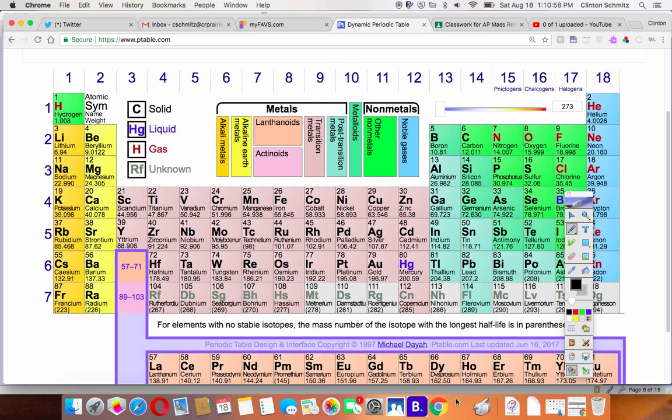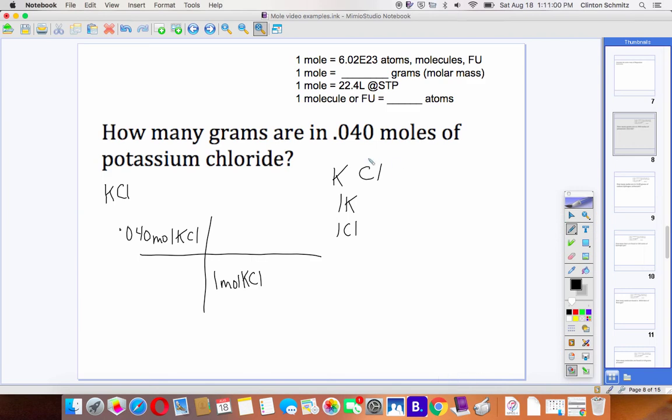So if I go back to this, this is 39.1 grams, okay, and this is 35.5 grams. Now there's one of each, so if we add those up, we should be able to get the molar mass. So we could just add them up.